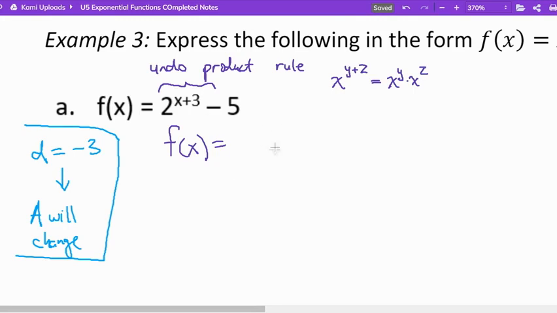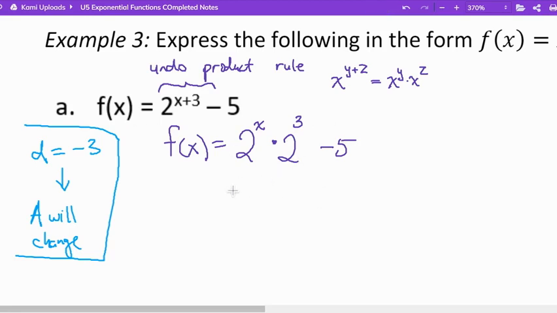So go ahead and do the next step for this simplification. Undo the product rule. Okay, so we're going to have 2 to the power of x times 2 to the power of positive 3. And then we don't forget that minus 5. If a base has a numeric exponent, let's find the value.